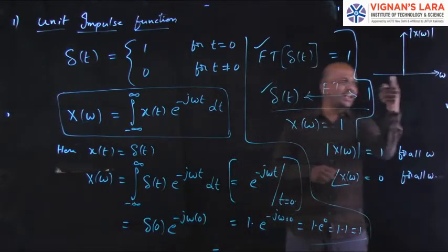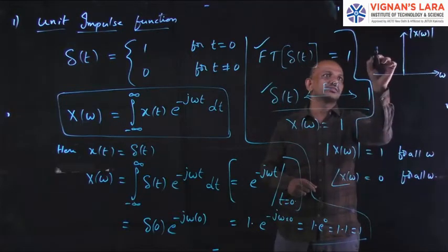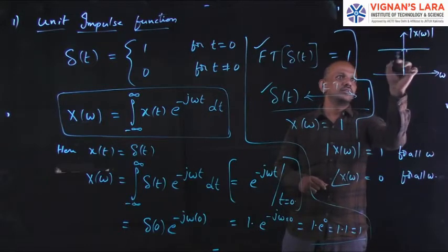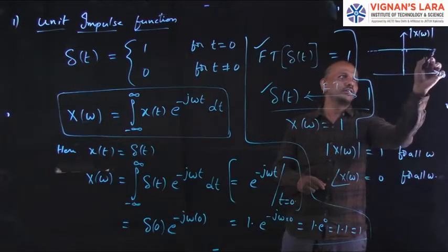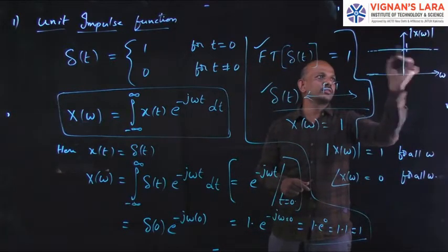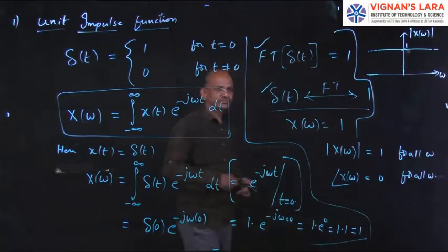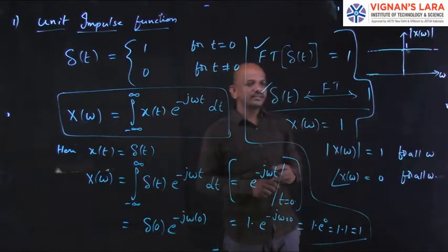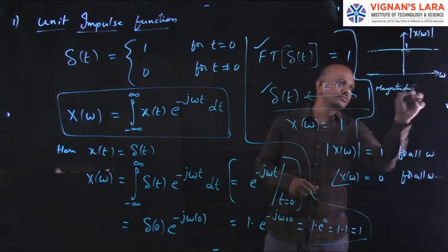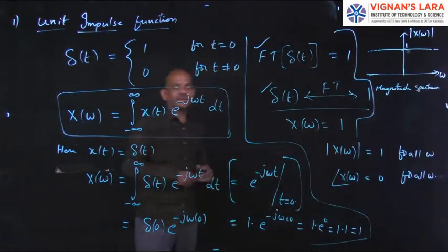So for all values of omega, the mod of x of omega is 1. So let us consider this value is 1. So for all values of omega, the function will be like this. So this value is equal to 1. Clear? This is simply the magnitude spectrum of the given unit impulse function.